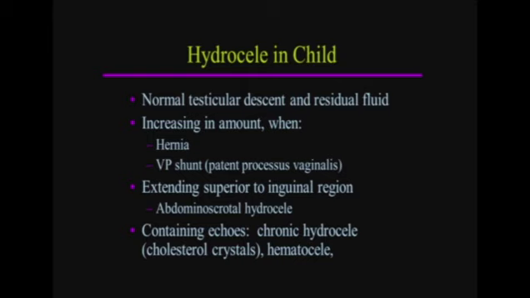One can also see fluid in the scrotum with a patent processus vaginalis if there's a VP shunt, a ventriculoperitoneal shunt. The hydrocele may extend superior to the inguinal region, as in this example I showed you, abdominoscrotal hydrocele.